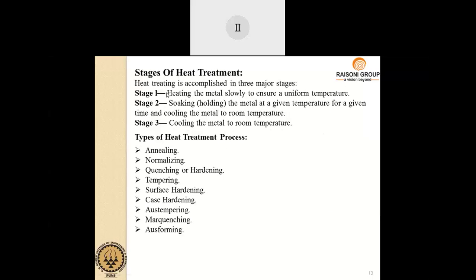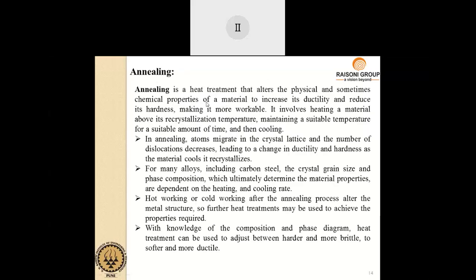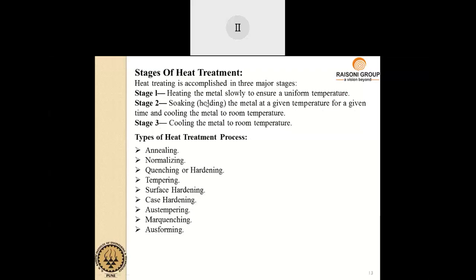The rate of heating also affects the mechanical properties. The rate of cooling also affects the mechanical properties of a material.